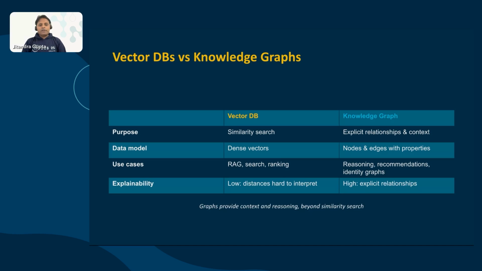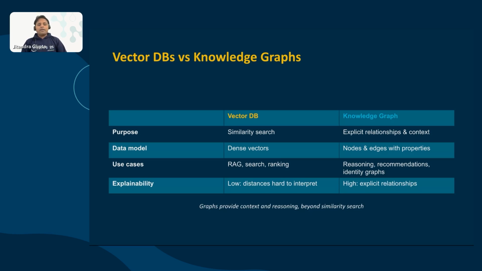Now, before we move forward, let's have a quick comparison between the vector DBs and the knowledge graphs. Vector DBs are something that we use mostly with AI models in previous scenarios.